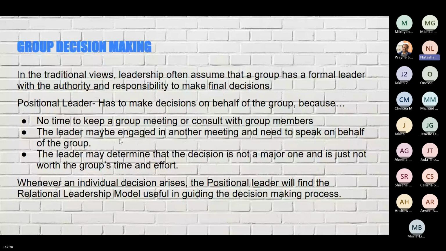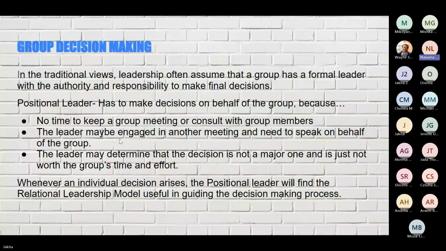In the traditional views, leadership often assumes that a group has a formal leader with the authority and responsibility to make final decisions. A positional leader has to make decisions on behalf of the group because, one, there is no time to hold a group meeting or consult with group members.